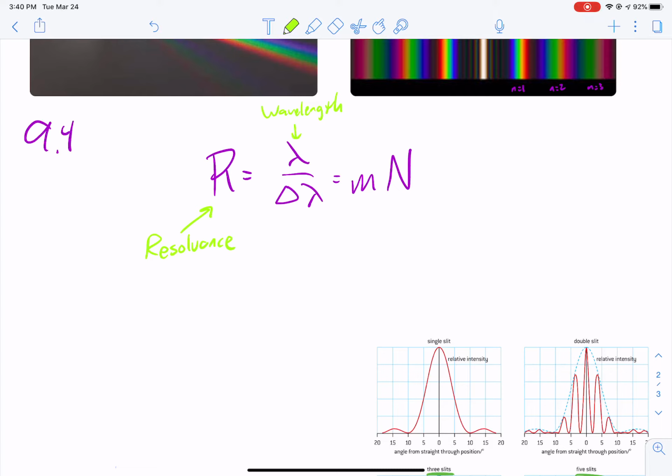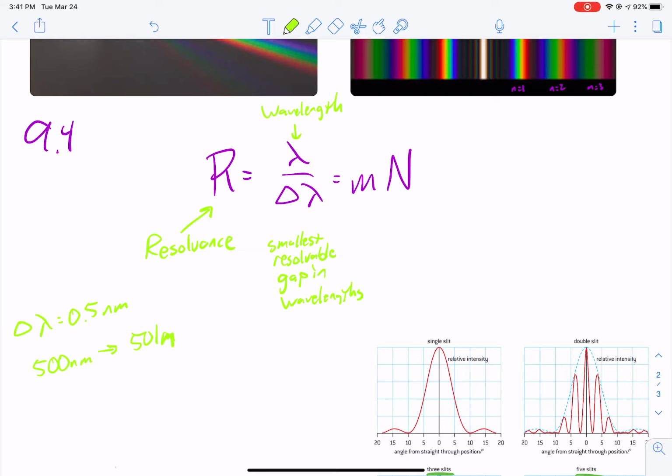Delta lambda is the smallest resolvable gap in wavelengths. For example, if I had delta lambda equal to 0.5 nanometers, could I distinguish 500 nanometers and 501 nanometers?